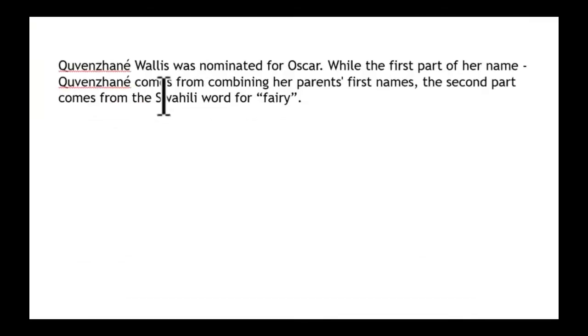Look, there is one word, Kuvenzane. So this is the word Kuvenzane. It's a repetition again and again, so I want to make it easy to type. So how can I do it? Follow me.